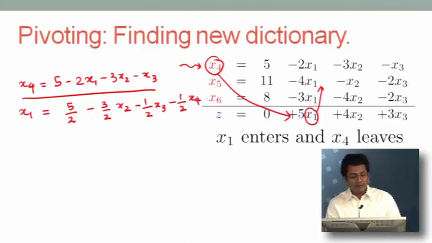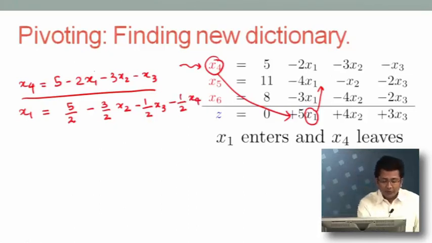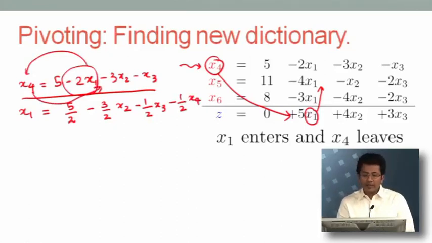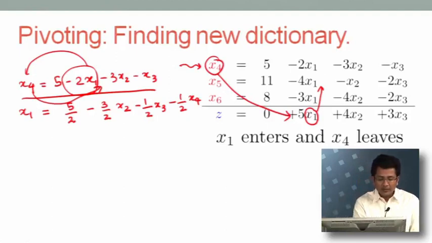Did I get that right? Okay, let's say we took 2x1 here and x4 here. So we just switch positions and divided by 2. So x1 is 5 by 2 minus 3 by 2 x2 minus 1 by 2 x3 minus 1 by 2 x4. Okay, so this is going to be one of the rows.